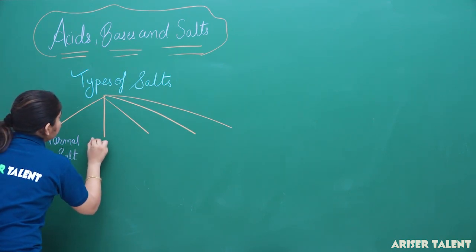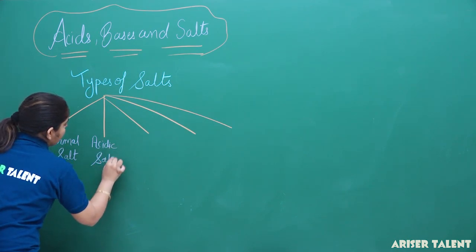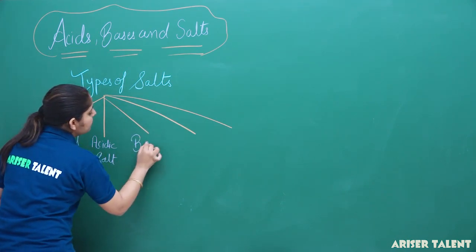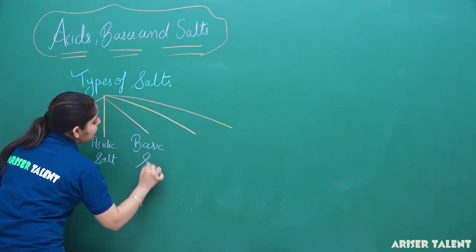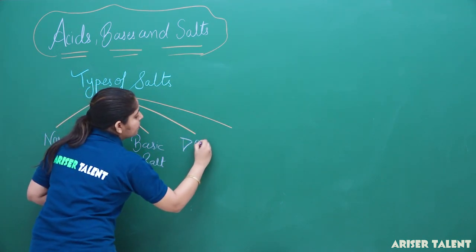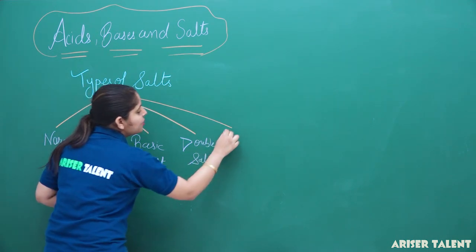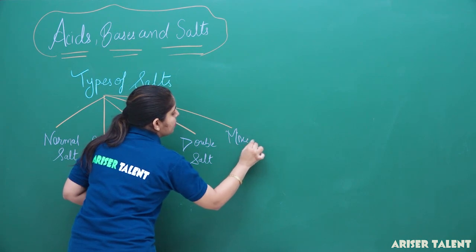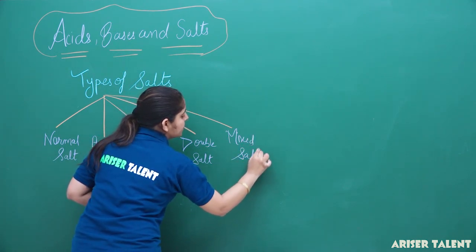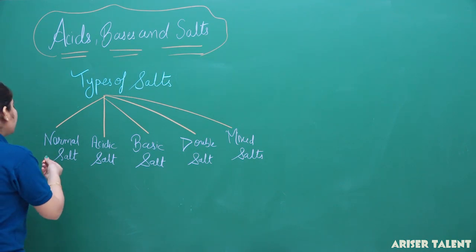Second category was acidic salt. Third category was basic salt. Fourth category was double salt, and the last one was mixed salt. So these are the categories of the types of salts we have discussed.